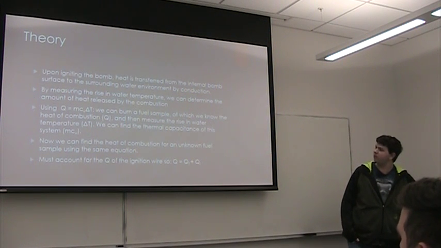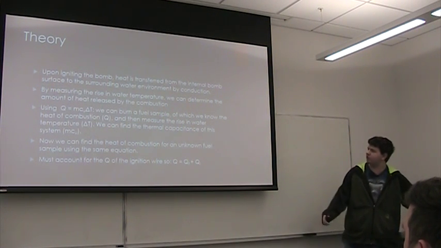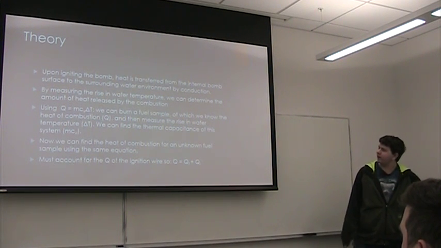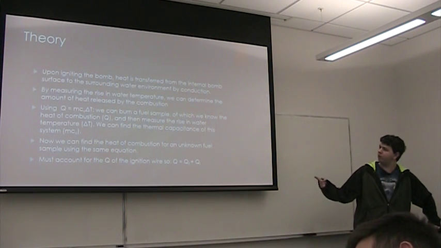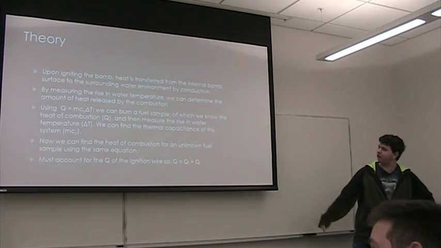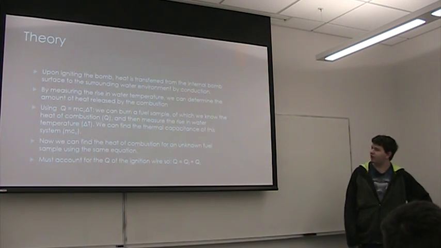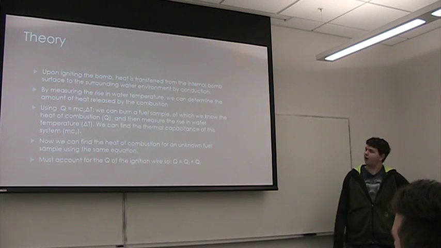Q equals mc delta T. Q is the heat, mc is the thermal capacitance of the system, delta T is the change in temperature of the water. So, like I said before, we can burn a known fuel sample. We know Q. We can measure delta T, so we can get mc, and that's the thermal capacitance of the system. Now we can find an unknown Q. Now we have our thermal capacitance, and we just measure the change in temperature again.